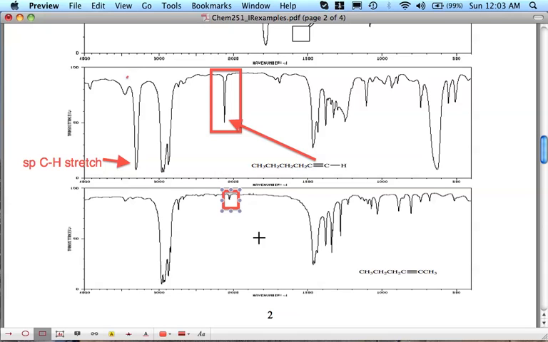So when we have the terminal alkyne, the CH end has different electronegativity, if you will, or a different amount of electron density than the left side. So we get a fairly decent change in the dipole when that vibrates. But when it's internal, it's more symmetrical. And so a symmetrical alkyne, if it was perfectly symmetrical, would show no peak at all because there would be no change in dipole.